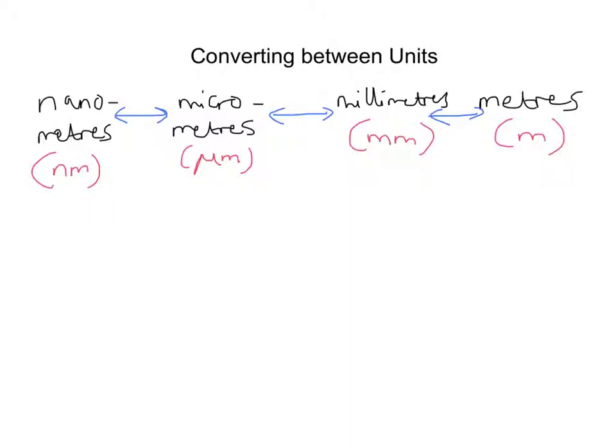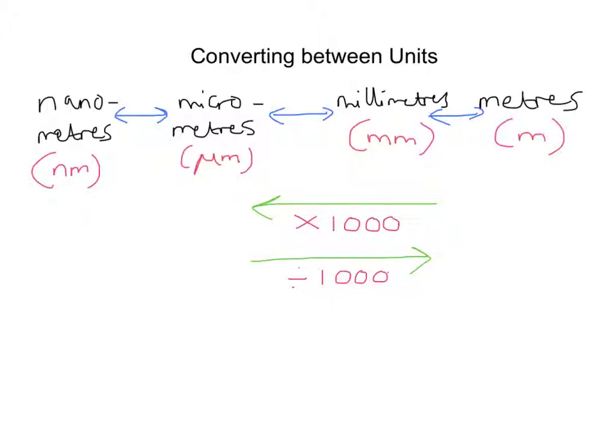Now, this is the easiest way I find to remember them. If you're trying to convert in this direction, so going from meters to millimeters, or to micro or to nano, at every step you times by 1,000, and if you're going this way, you divide by 1,000, and that's at every point.